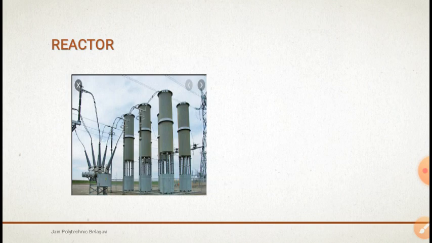The next one is about the reactors. Generally the reactor is nothing but an impedance coil which is used for some functions. They will localize the fault by limiting the current that is flowing into the fault from other healthy feeders or parts of the system, so avoiding the fault from spreading.